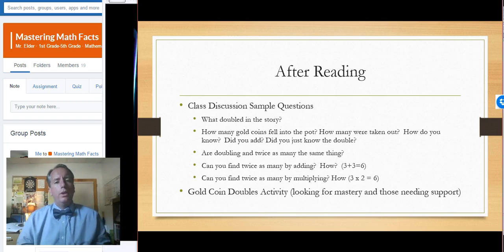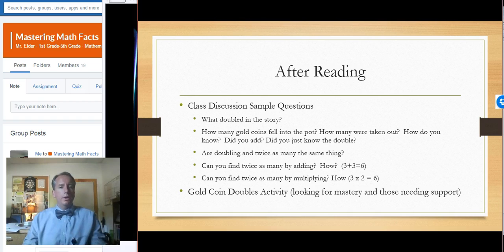Tying to what kids know is always important when we're teaching. We all know that. Looking at something like, can we find twice as much by adding? If I'm not really there with multiplication yet, it's okay to say, well, what did he start with? Well, 5 coins and 5 more coins. Well, how do I write that as a number sentence? Not jumping right to the abstract, but connecting the picture and maybe even the concrete, right?